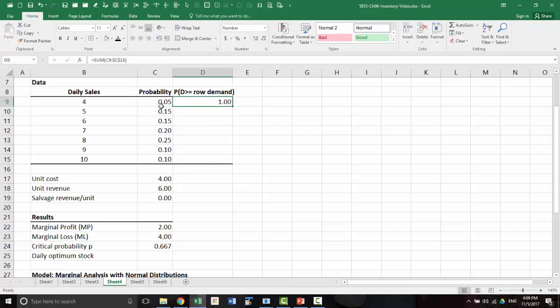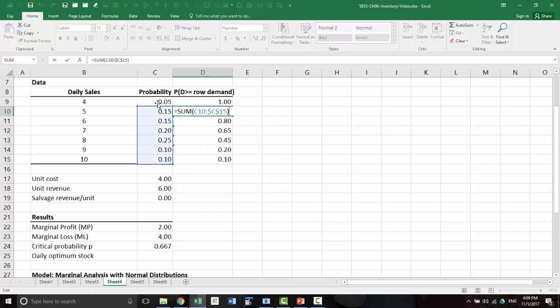So first time it's the sum of all of it. So demand greater than or equal to 4 is 1, and demand greater than or equal to 5 is the sum of all of those probabilities. Greater than or equal to 6 is the sum of these probabilities, and so on.